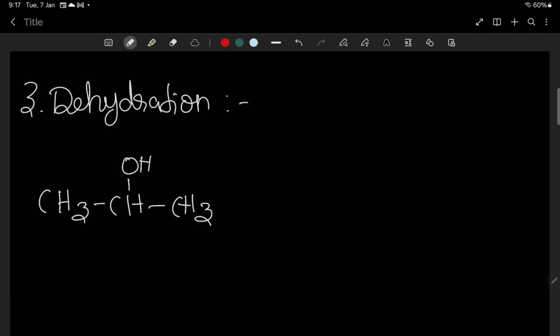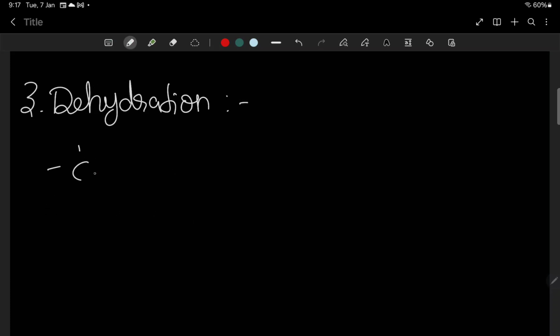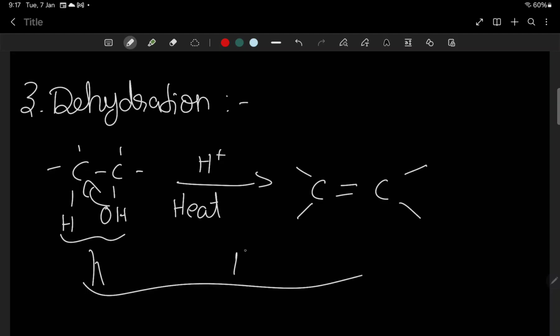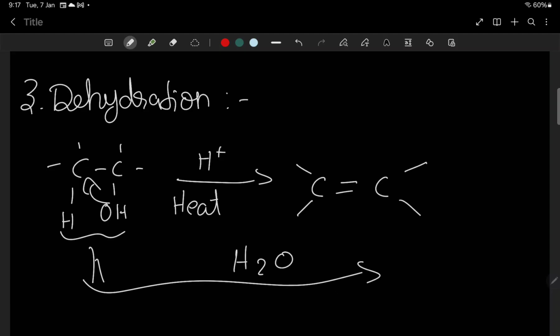We take a random compound, with H plus and heat. What happens? We get a double bond formation, the H falls here and these two leave as H2O.